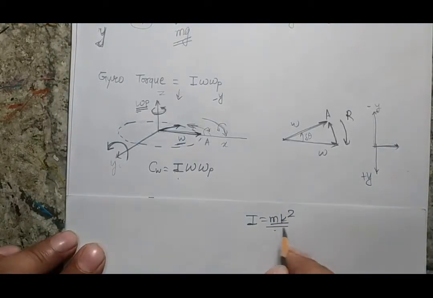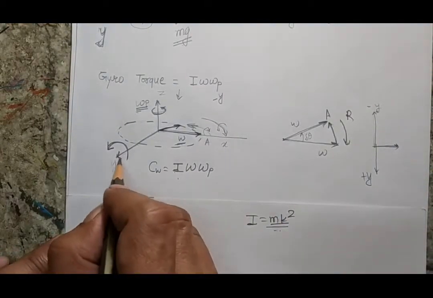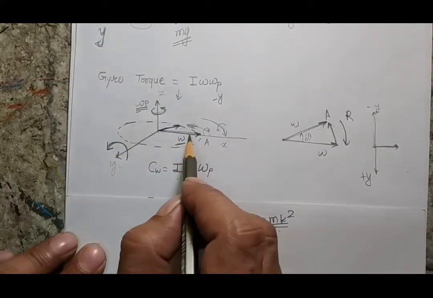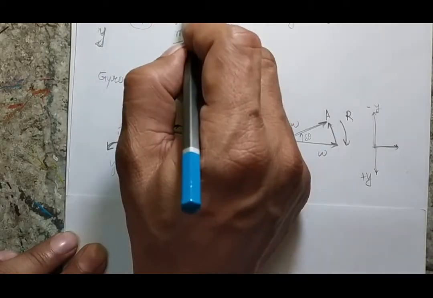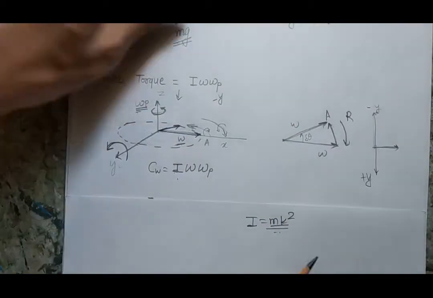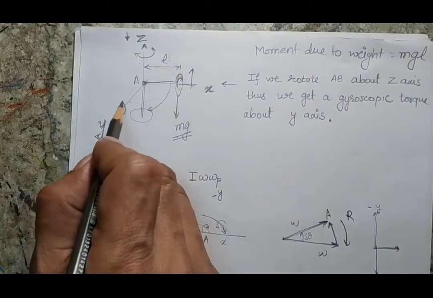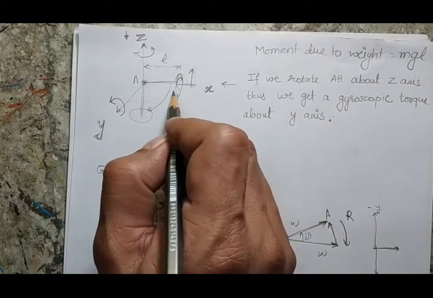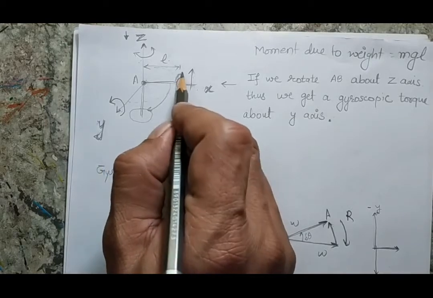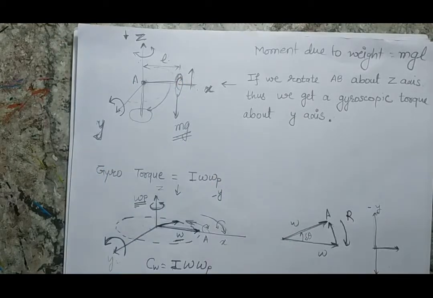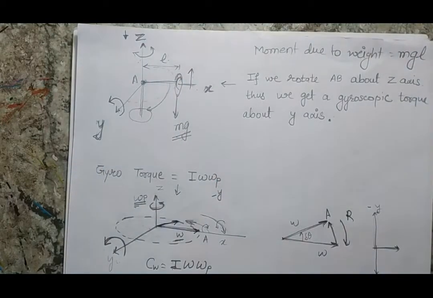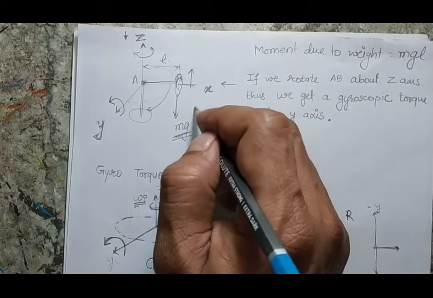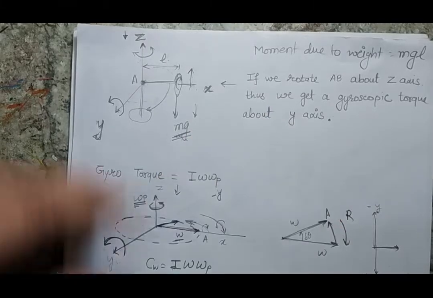Both the values are given to us. So I will have a torque in the counterclockwise direction. That means this rotor will go in the upward direction, because any couple in the counterclockwise direction about y will try to move the whole system upward, and this is the case I am looking for, because if the rotor goes upward, it will definitely balance the load going downward because of the gravity.